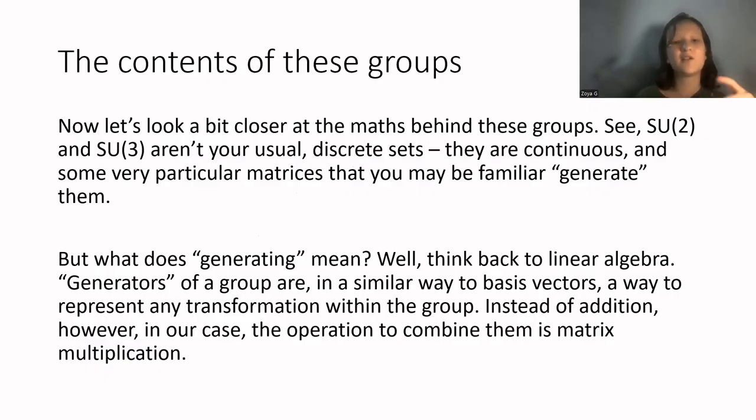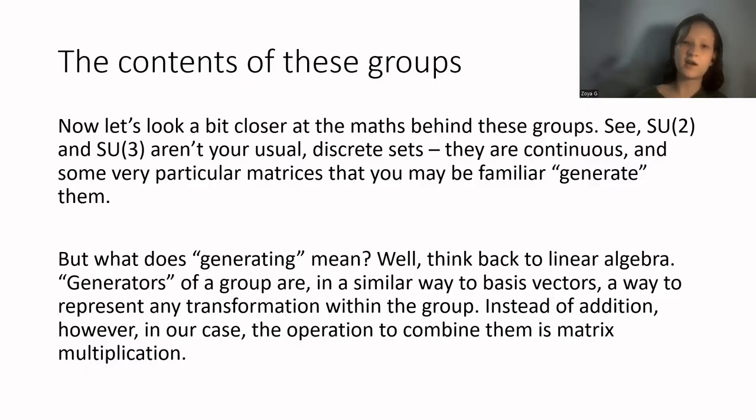Now let's look a bit closer at the maths behind these groups. See, SU2 and SU3 aren't your usual discrete sets, they are continuous, and some very particular matrices that you may be familiar with generate them. So what does generating mean? Well, think back to linear algebra.